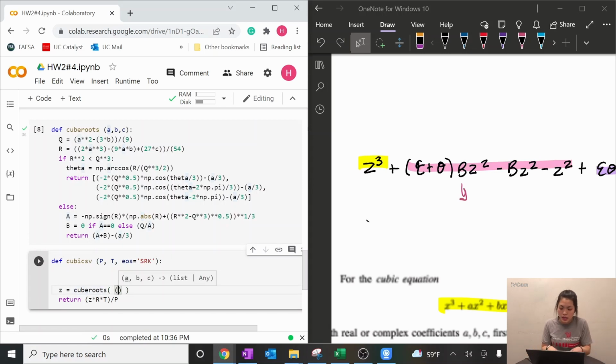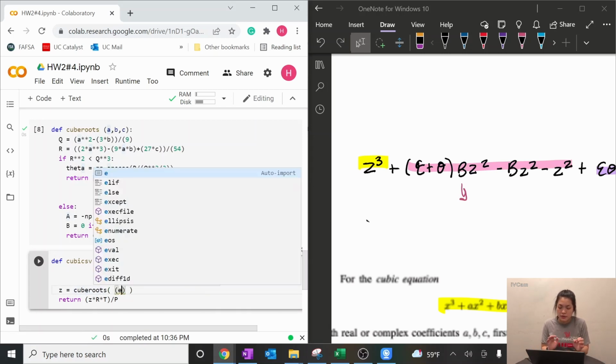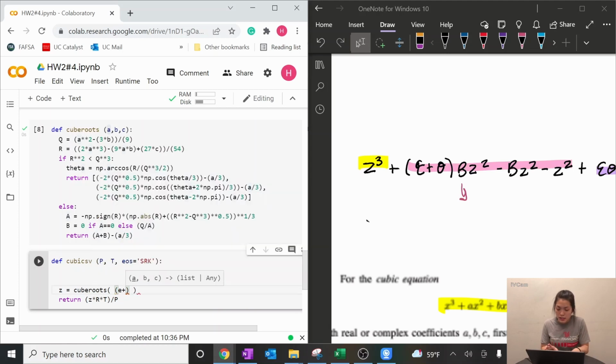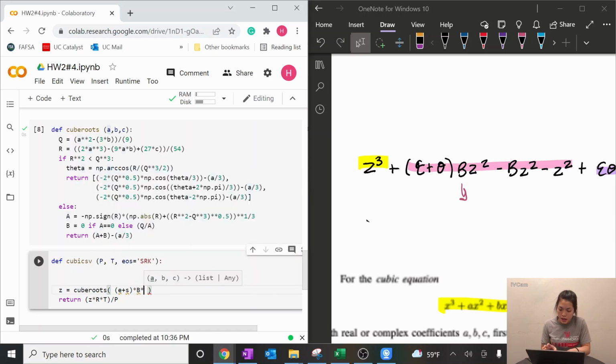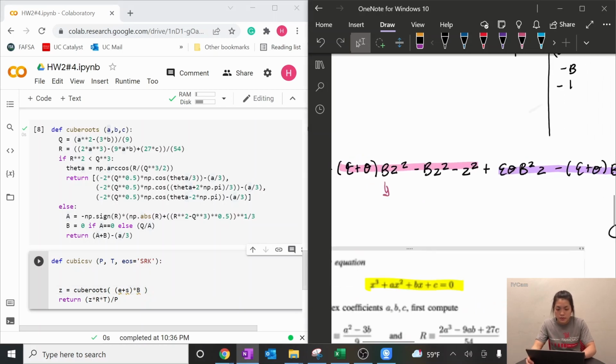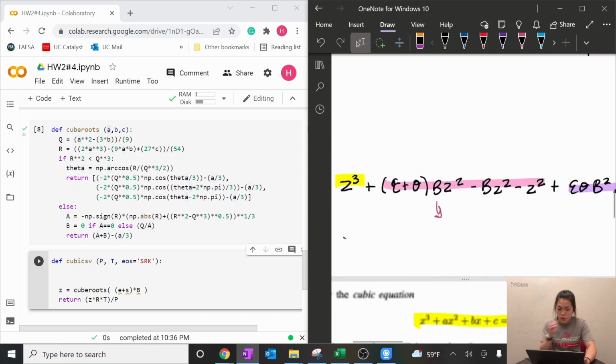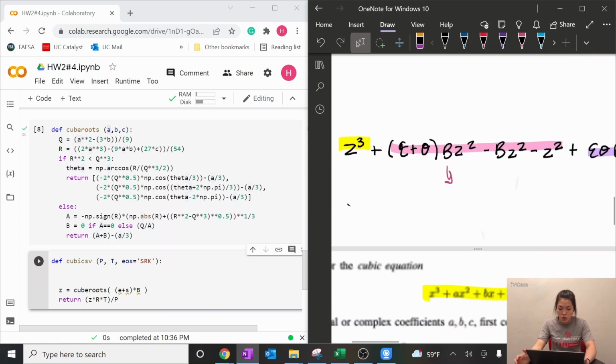And so the term for that is epsilon, which we have defined as E, plus sigma, which we have defined as S, multiplied by beta, multiplied by the compressibility factor Z squared, which we are solving for, so we don't put that into the equation. We just know that that's going to be there.